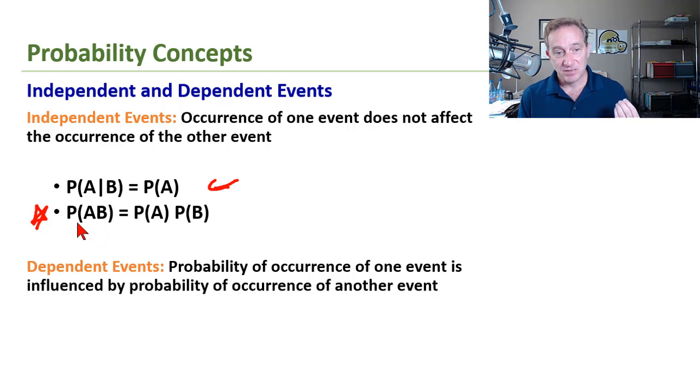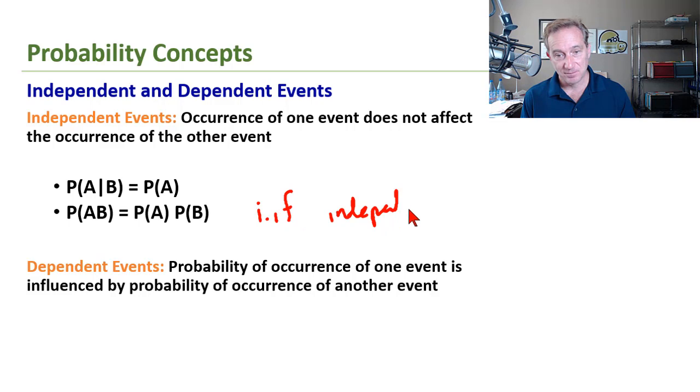They are independent if and only if, it's actually an if and only if. Well, let me put that another way. We could say if and only if independent, like that. So that's the test: if their joint probability is equal to the product of their unconditional or marginal probabilities.